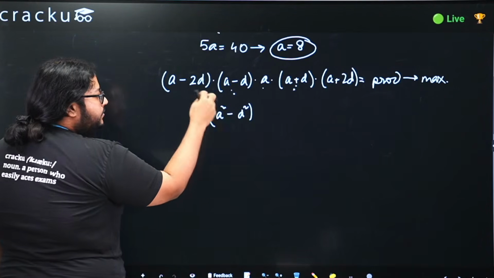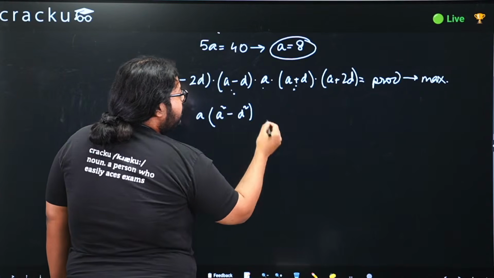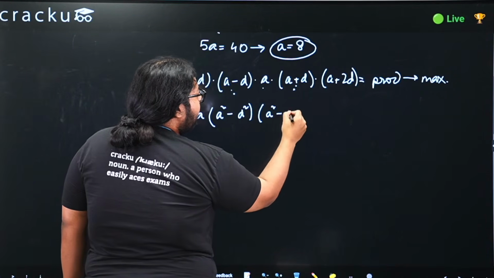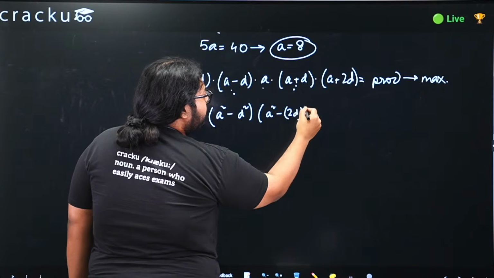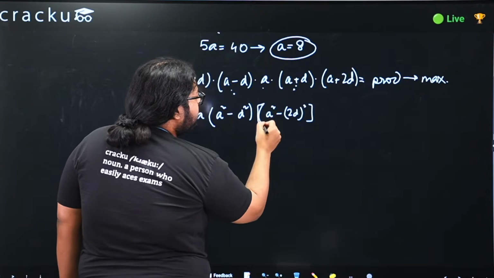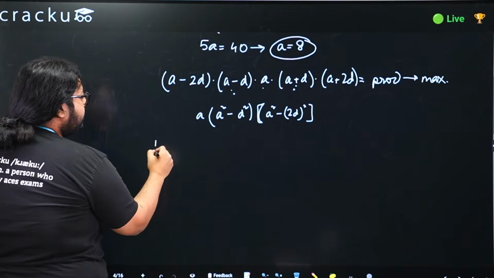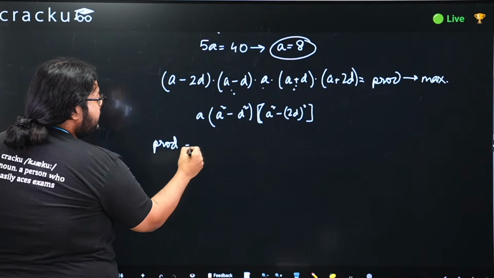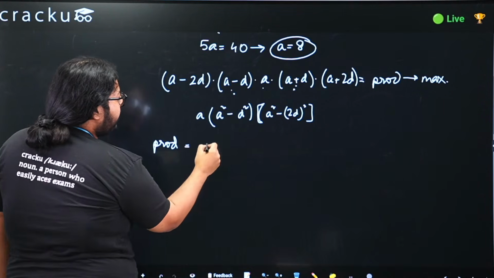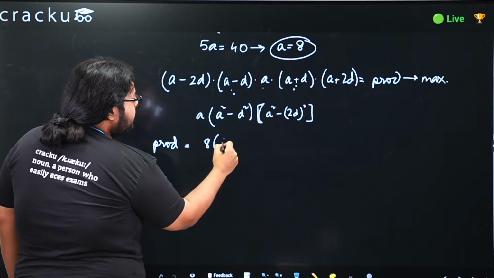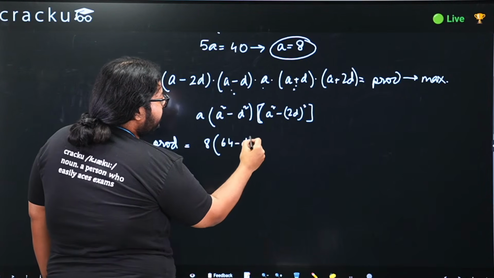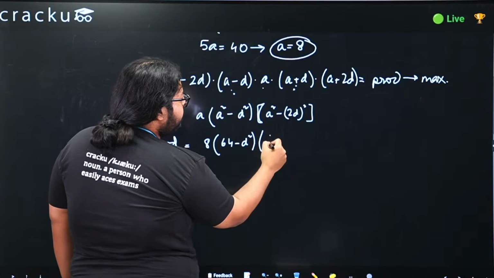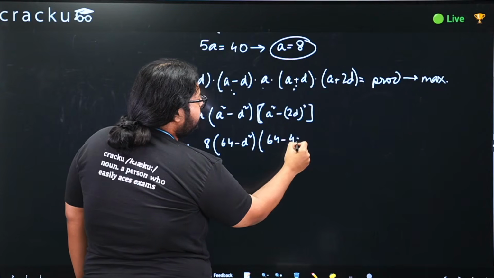Similarly, a minus 2d into a plus 2d should give me a square minus 2d whole square. So the product is basically, in place of a, let's put the value 8: a is 8, times 64 minus d square, times 64 minus 4d square.